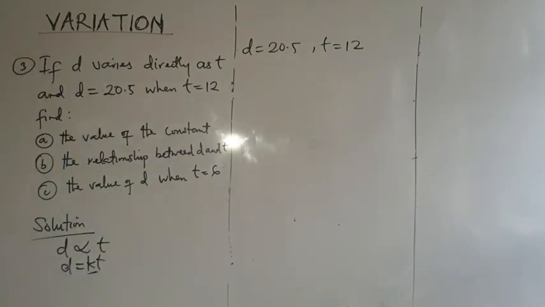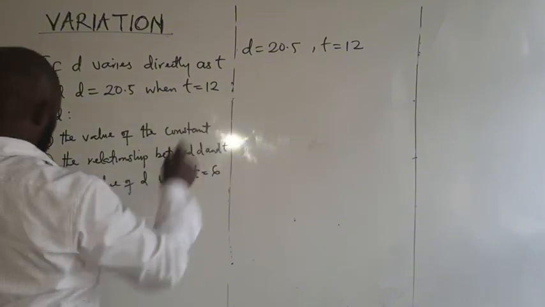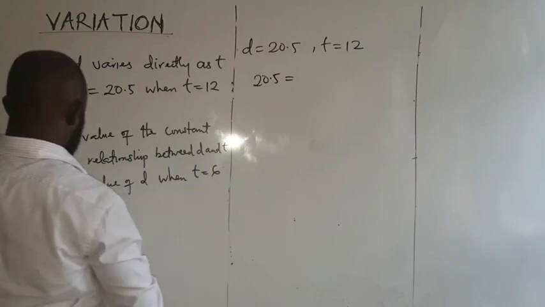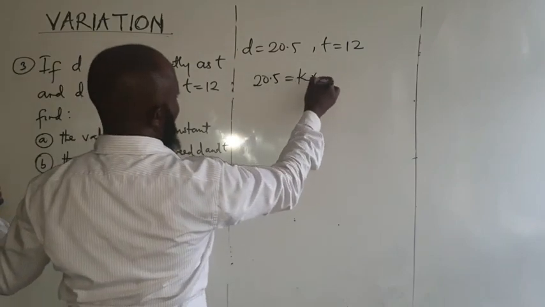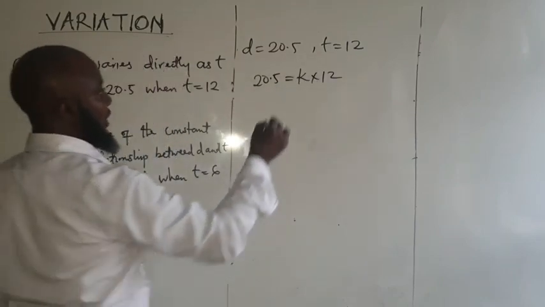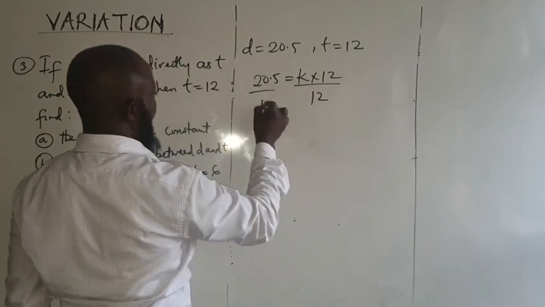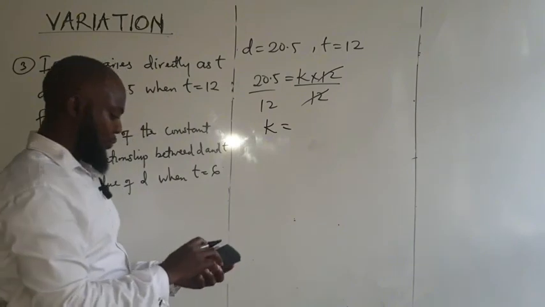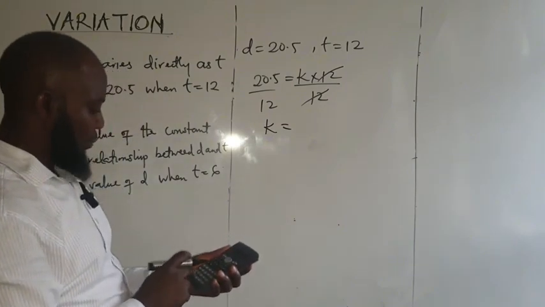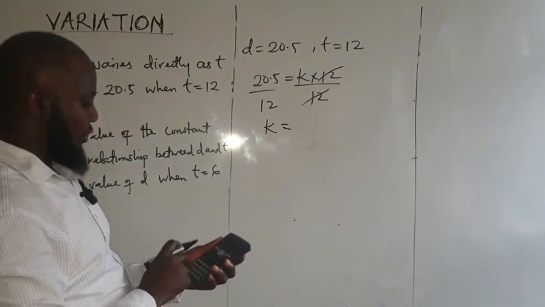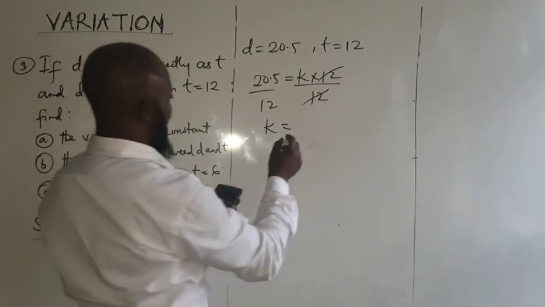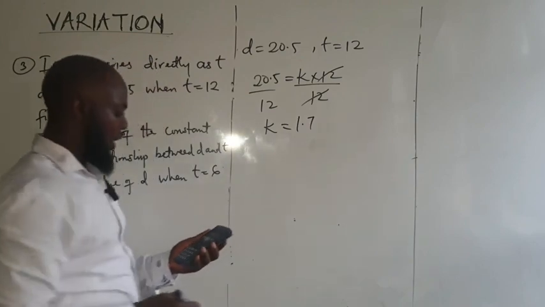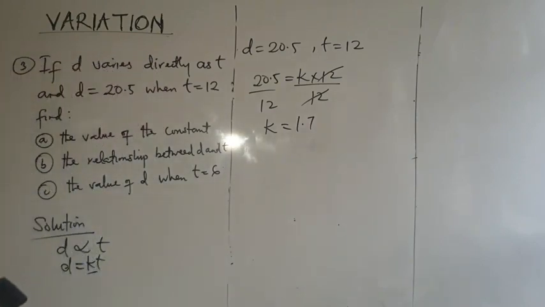By putting this, D replaced with 20.5 equals K multiplied by 12. So we divide both sides by 12. This cancels this. Therefore, K equals 20.5 divided by 12. That gives us K to be 1.7.